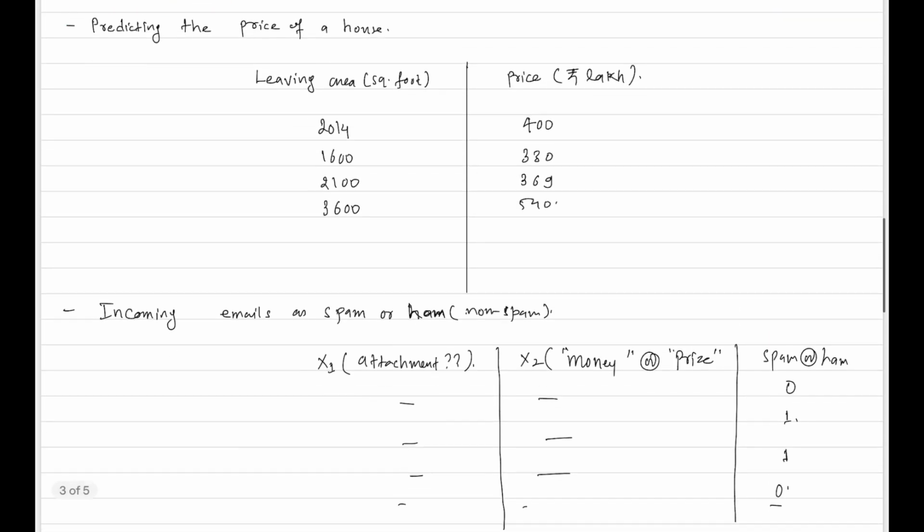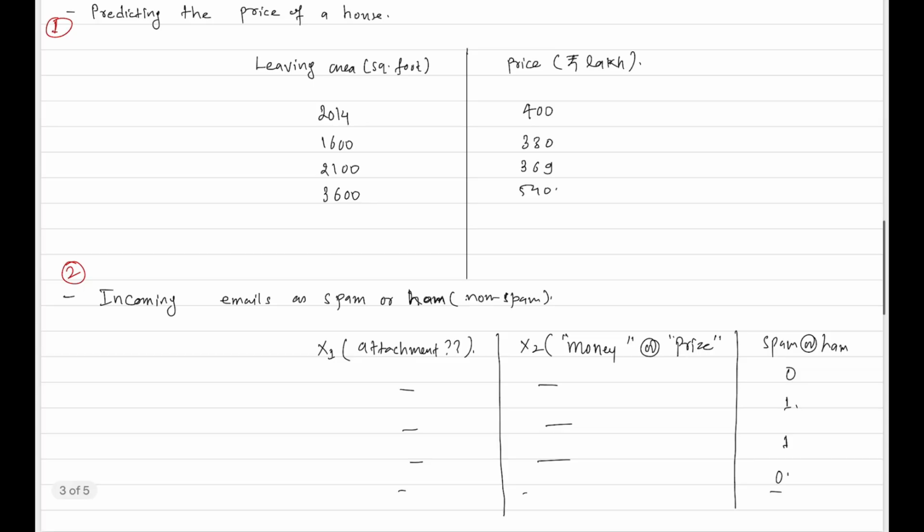So now if you look at these two examples, the first example and the second example, what's the difference between these two examples, right? If you look at the output, let me call the output y.